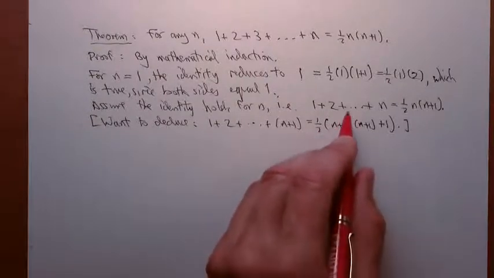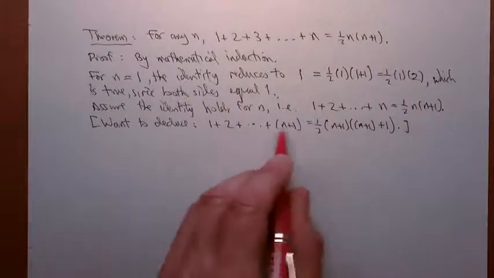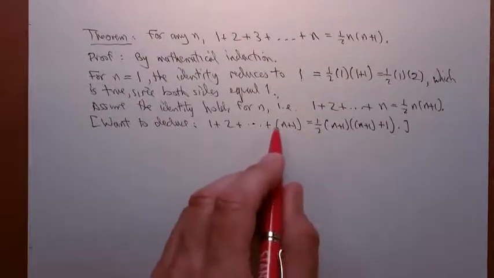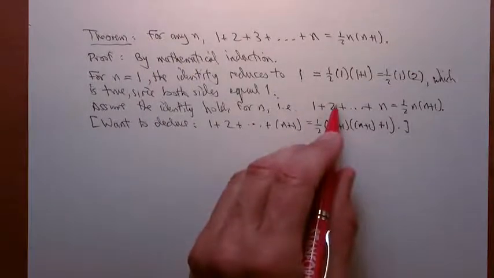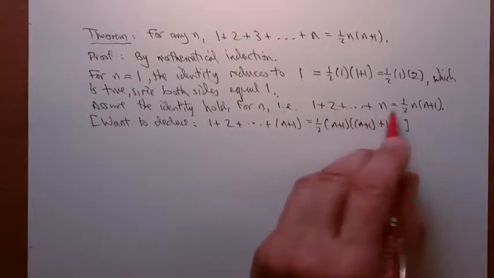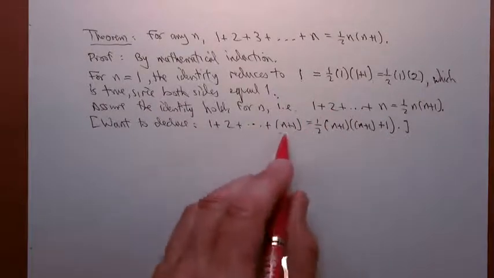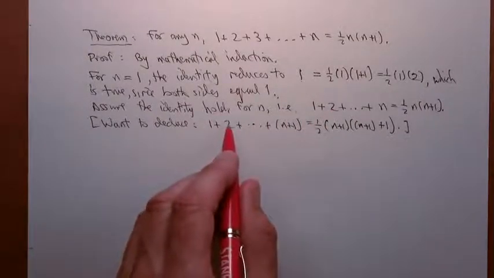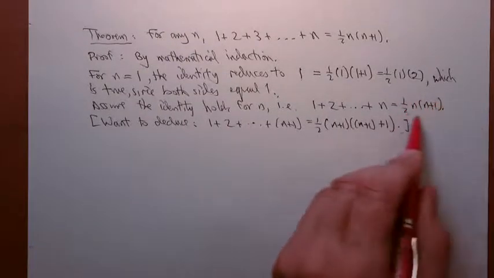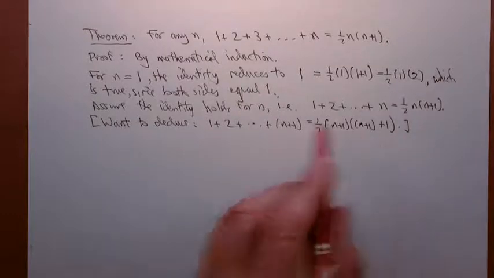And the challenge now is to start with what I know and deduce where I want to get. Well, how can I get this from this? Well, one way would be to add n plus 1 to both sides of that identity, which means that I'd get the left-hand side here, and then hope that when I work out the right-hand side, having added n plus 1, I end up with this expression.